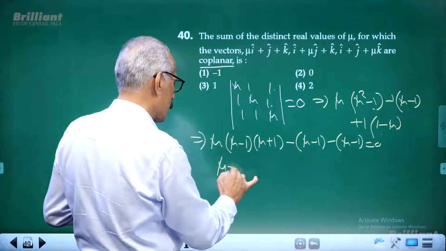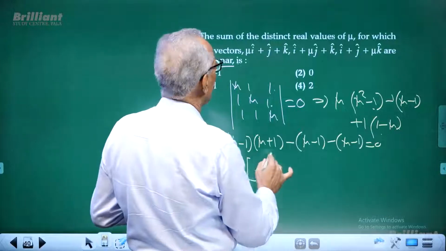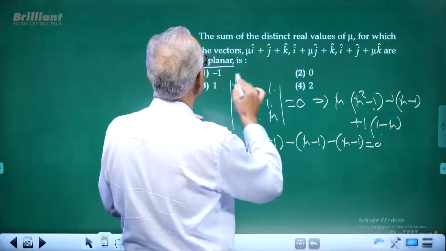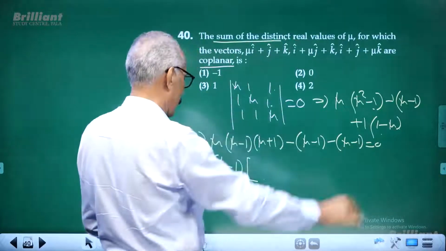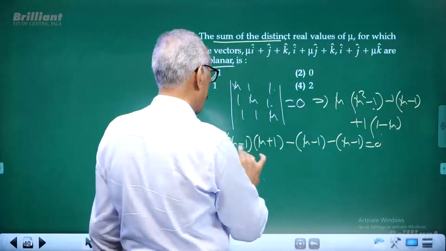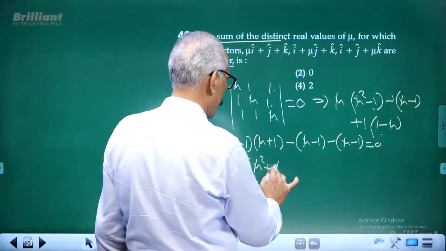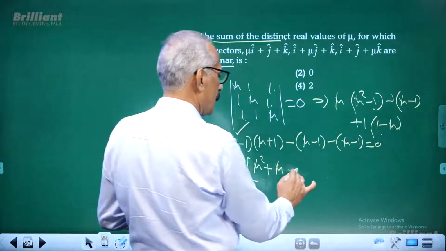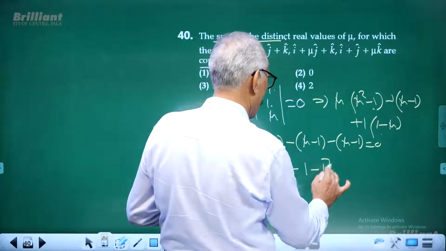We take mu minus 1 common. What do you want? Sum of all distinct values. So it will become mu square plus mu, here is a minus 1, here is a minus 1, equal to 0.